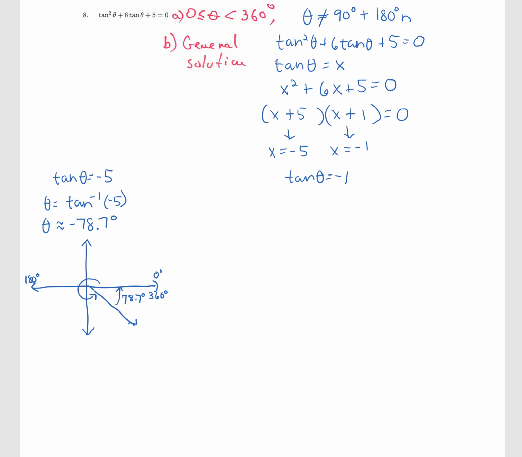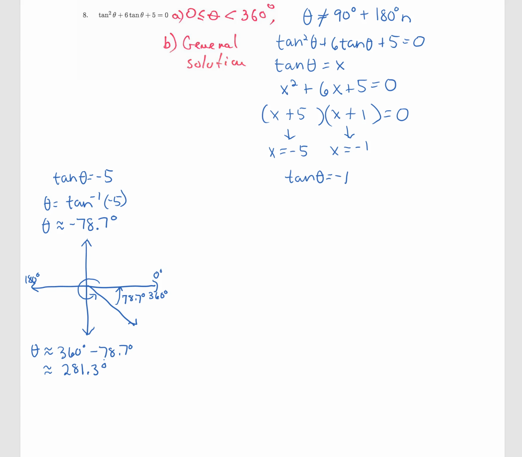To figure that out, we simply say that theta is approximately equal to 360 degrees minus 78.7 degrees, and that's going to tell us this angle here. That ends up being approximately 281.3 degrees.